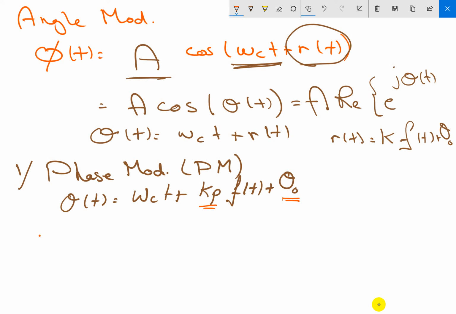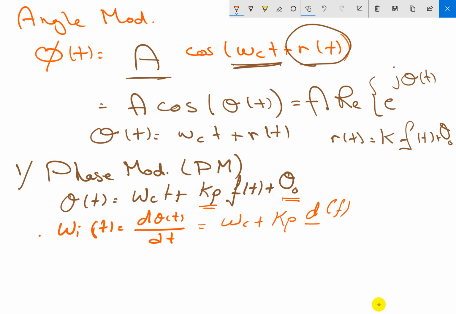Now the instantaneous value of the frequency would be the derivative of the phase. And if we derive the above equation, we will get k sub c plus k sub p with the derivative of f of t.